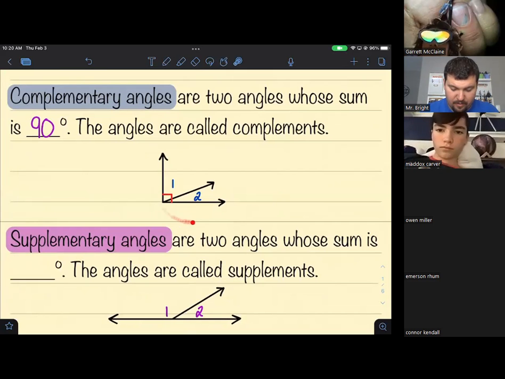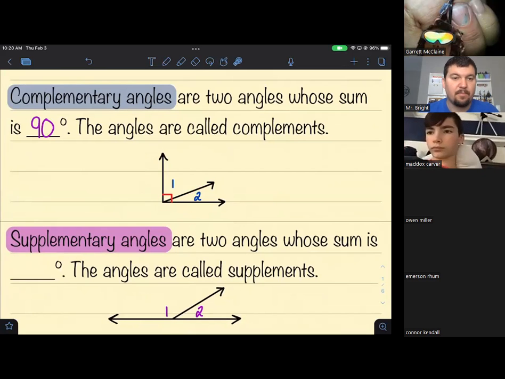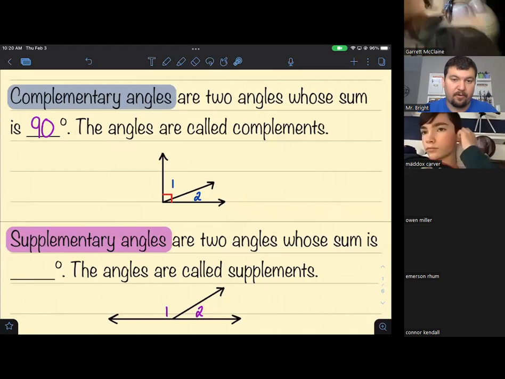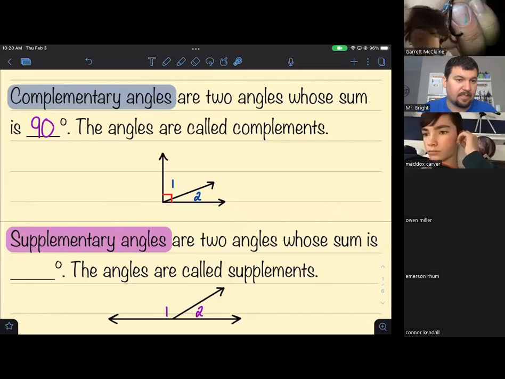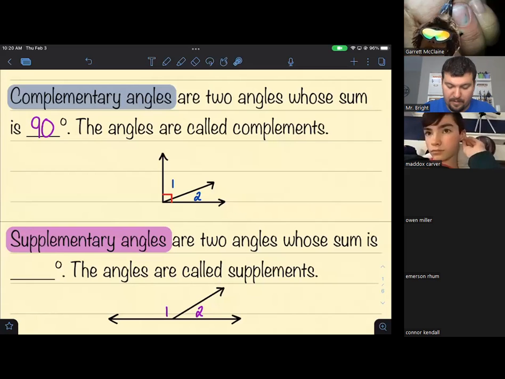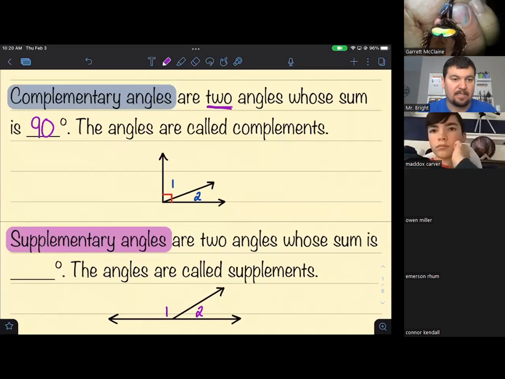These angles right here are adjacent because they share a common side and a common vertex. Complementary angles aren't required to be adjacent. But if one of them was 30 degrees and I've got another angle somewhere else that's 60 degrees, I know they would be complementary. They would both add up to 90 degrees. Complementary angles are two angles that add to 90. So if I gave you three angles and said 30, 30, 30, they're not complementary.